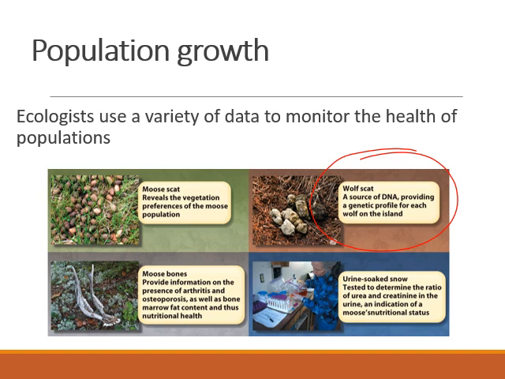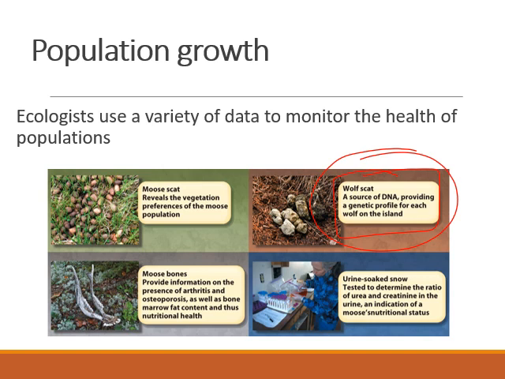And now there are so few that being able to look at the DNA is really important because they only have, say, like 14 wolves on the island. So you want to be able to actually understand which ones are which so that you know if you have a higher population or not. Because even though you only have 14 wolves on an island, it's still difficult to be able to count those guys because they're not just sitting still, right?